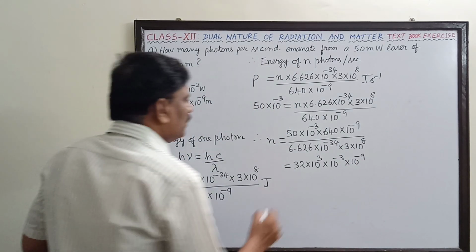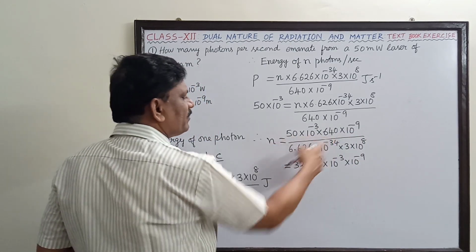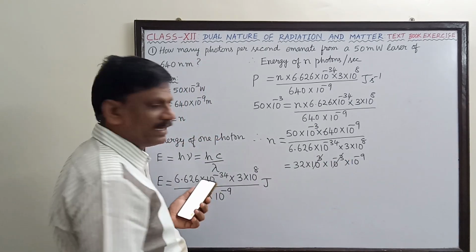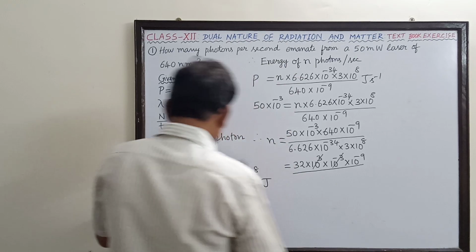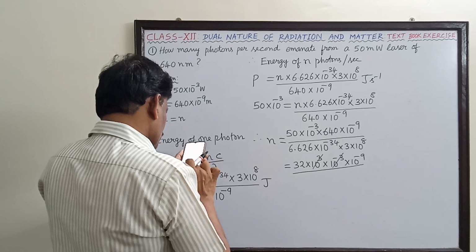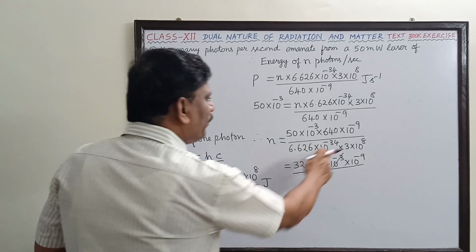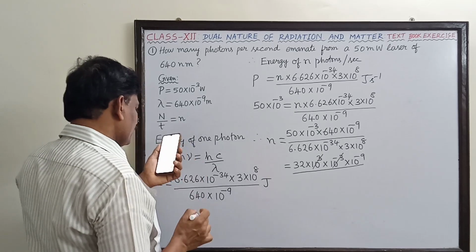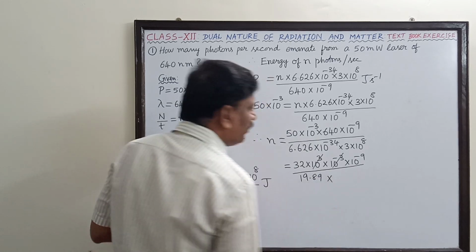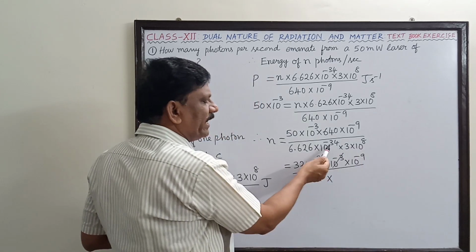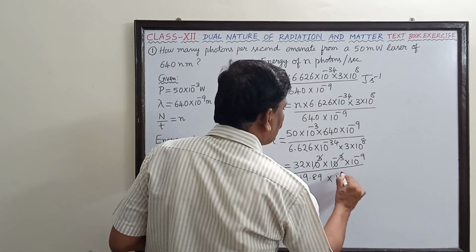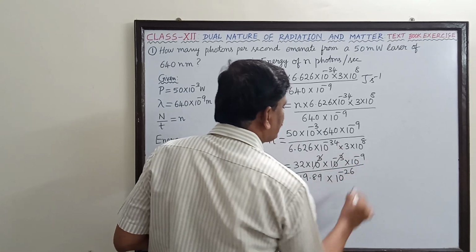So the numerator, 50 into 640, is 32,000. Now this 10 power 3 and 10 power minus 3 get cancelled. Divided by denominator 6.63, I will round it off. So 6.63 multiplied by 3 is equal to 19.89, multiplied by, now positive power of 8 and negative power of minus 34 are there, so this will become 10 to the power of minus 26.